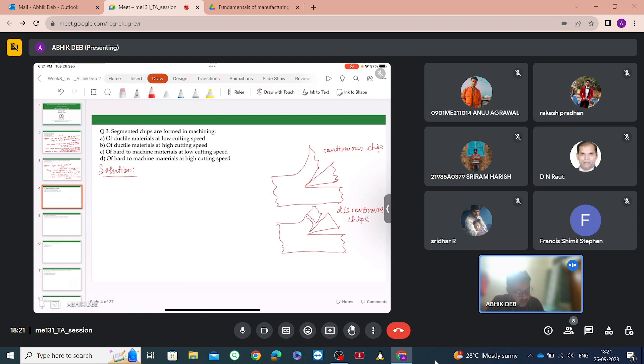Then there are continuous chips with built-up edges. And the last one is of segmented type. So how does the segmented chip look like? A segmented chip basically looks like this.